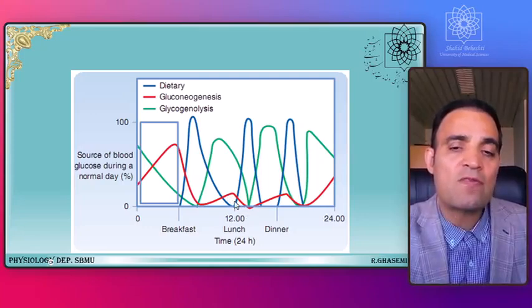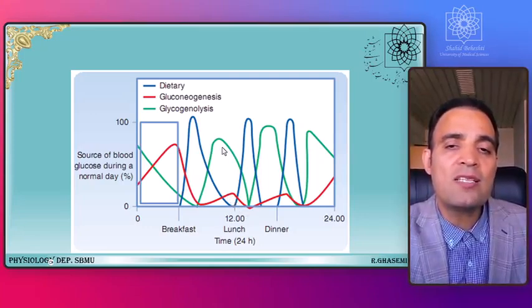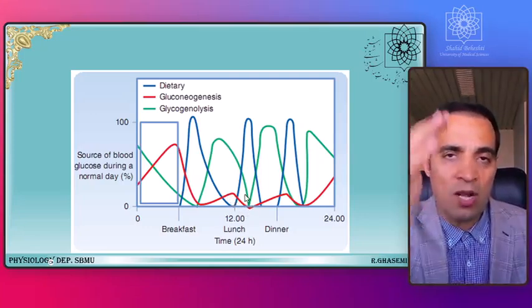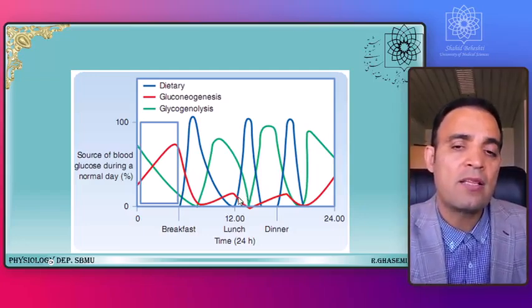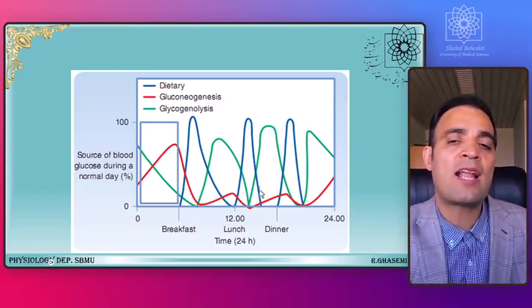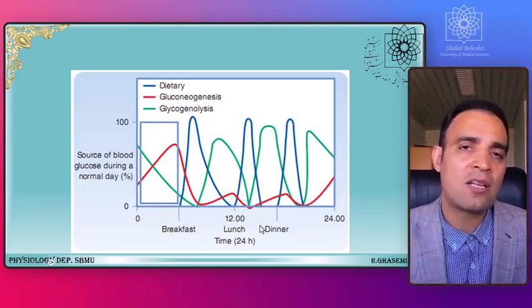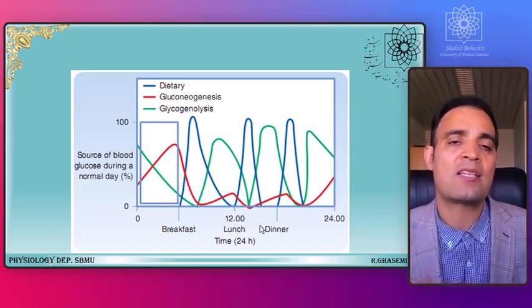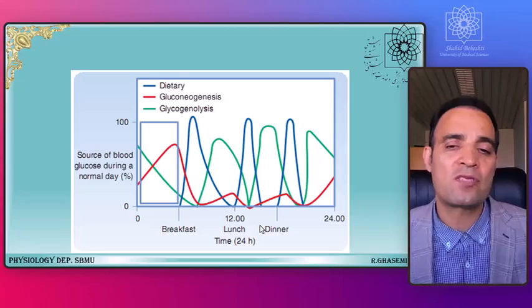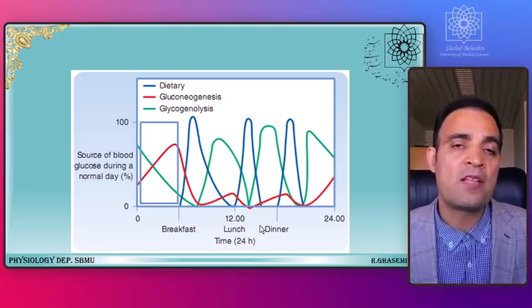Again, at the time of lunch, immediately these two sources will drop to zero, and again the source of food is important, and then another cycle of glycogenolysis and gluconeogenesis, and another cycle of eating behavior.